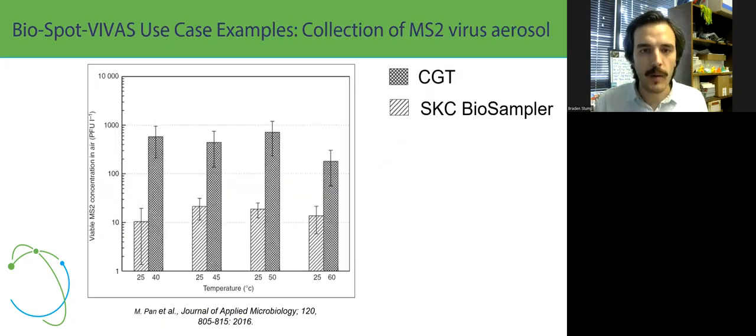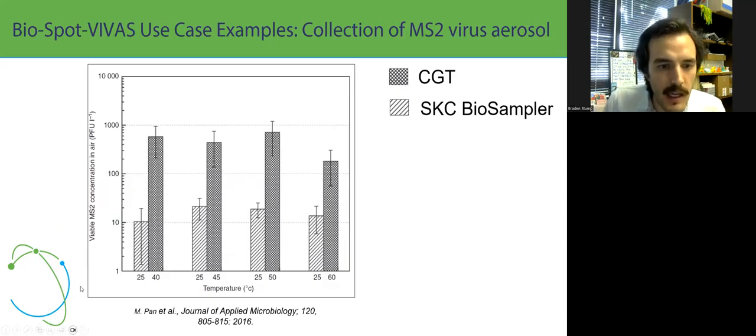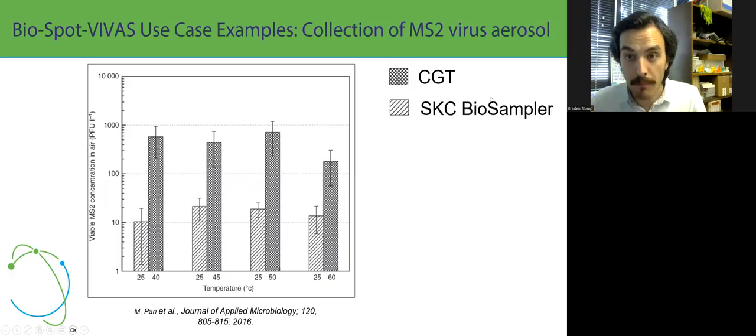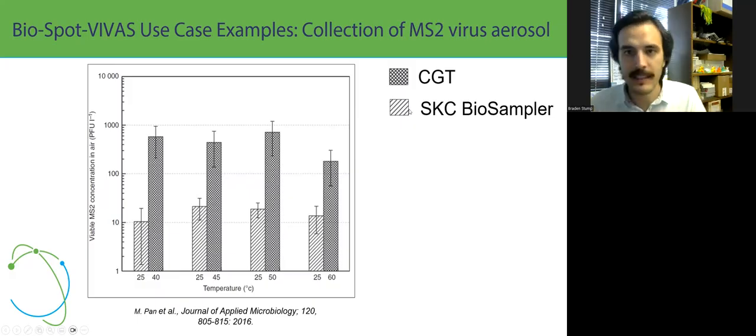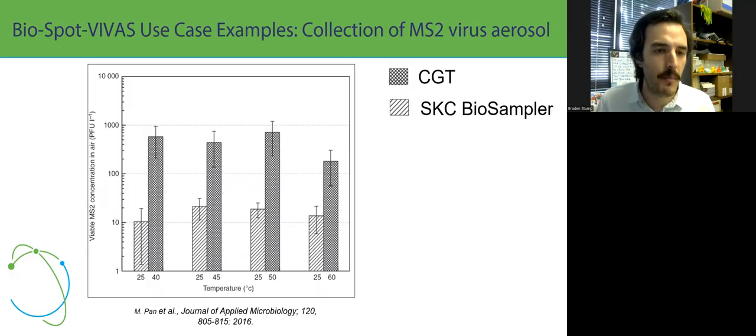But if you look at this study from Maohua Pan, compared to the SKC biosampler, a comparably used bioaerosol sampler, for sampling viable MS2 bacteriophage in air, you're seeing about a 10 times increase in the amount of viable capture for the water condensation growth tube, in this case the Biospot Vivis, compared to the SKC biosampler.